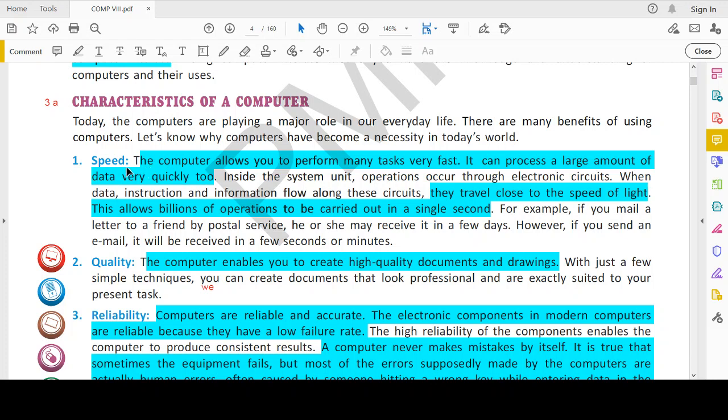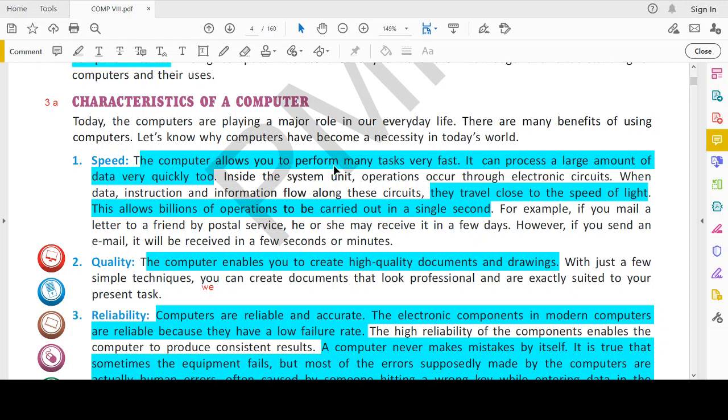The speed with which they work is just phenomenal. Human beings will never be able to work at that speed. Although human beings have made the computer, they will not be able to work at that speed. So it's a machine and it has got enormous speed.